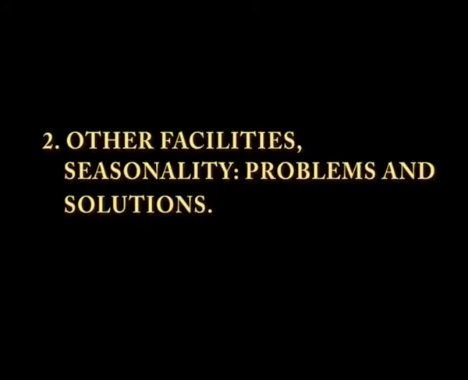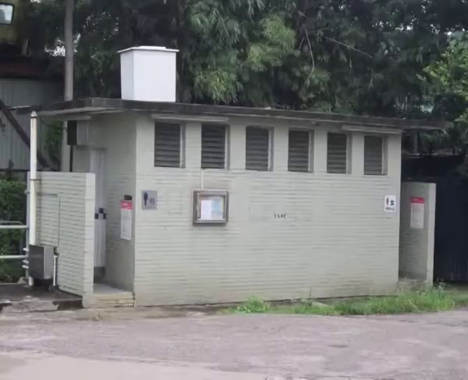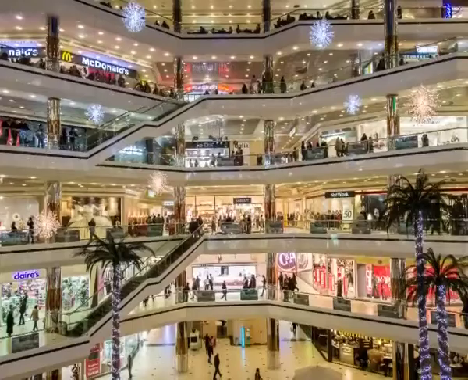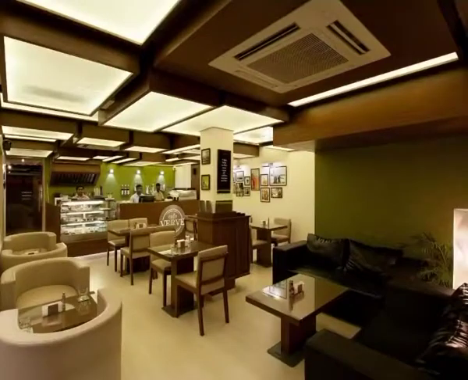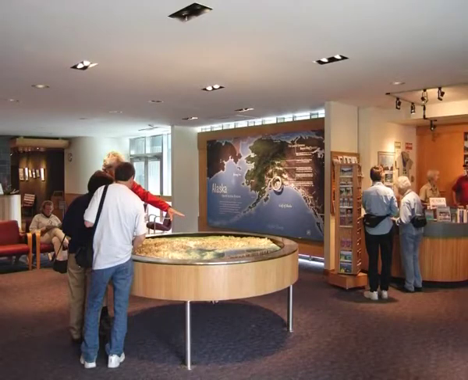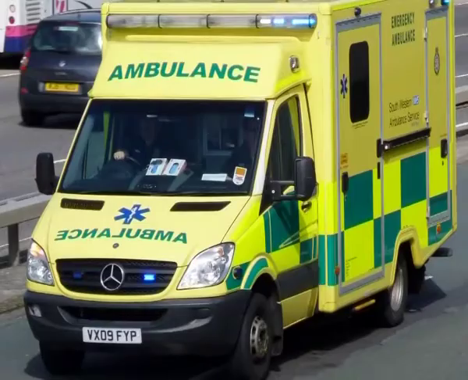Other facilities, seasonality, problems and solutions. Other facilities. Amenities are the services that are required to meet the needs of tourists while they are away from home. They include public toilets, retail shopping, restaurants and cafes, visitor centers, telecommunications and emergency services.